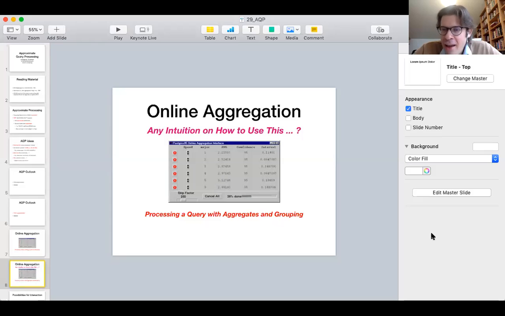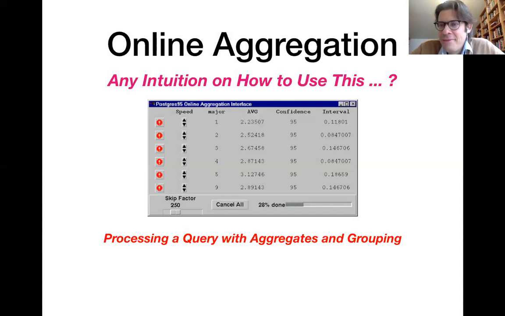Yeah. And then here we have the suggestion that the red button might cancel that query. So I see actually multiple red buttons here. Why do we have multiple red buttons and not only one? And remember that it is a group by query.